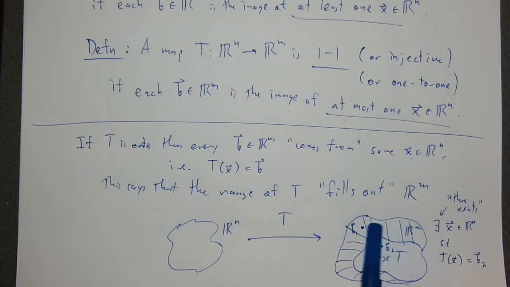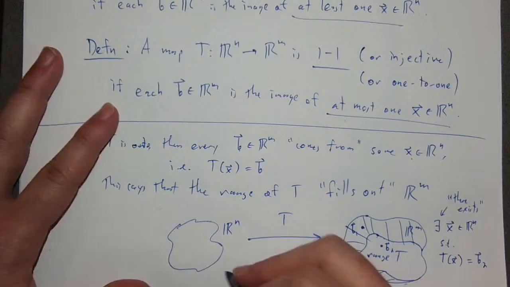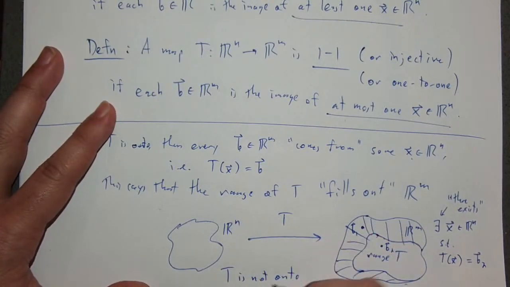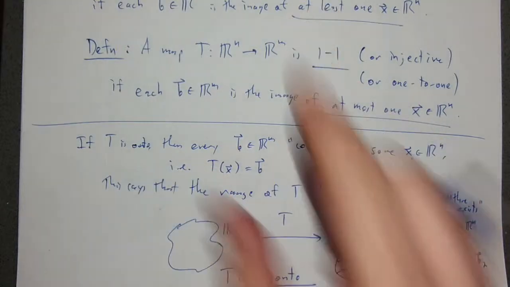The range always sits inside the codomain, but the fact that this shaded region exists means that T is not onto. Why? Because there are vectors here that lie outside the range of T even though they're in R^m. So they're in the codomain, but not in the range. That's not possible for an onto map.